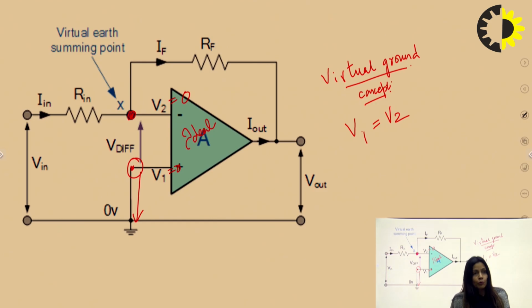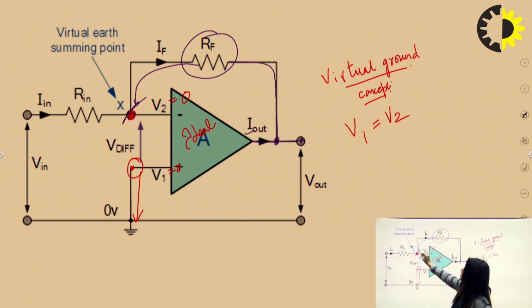And one more thing is that the op-amp offers a very high gain. Here we are taking the output, and this output is connected with the feedback resistance RF. This is the feedback resistor which is connecting the inverting terminal as well as the output terminal.